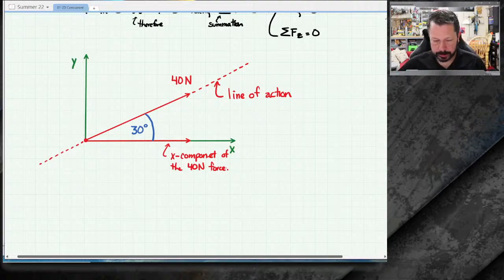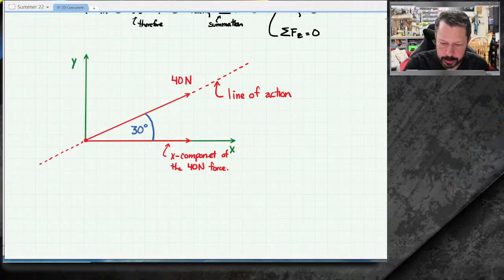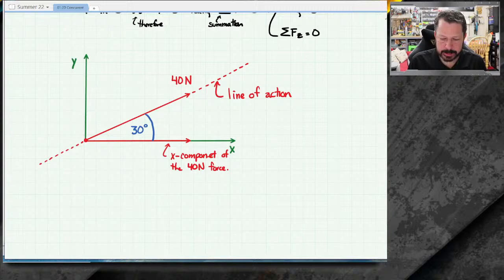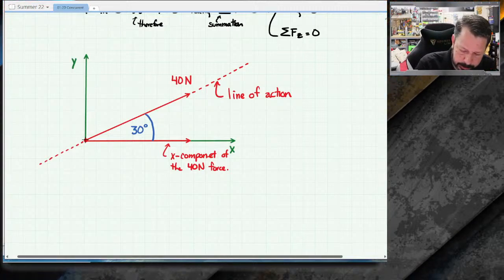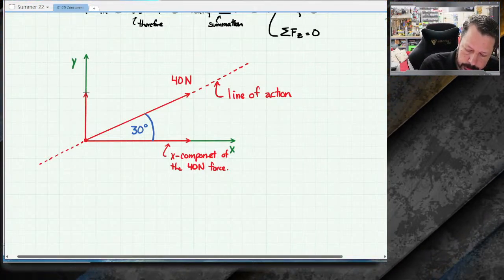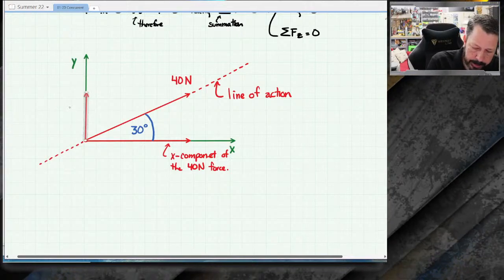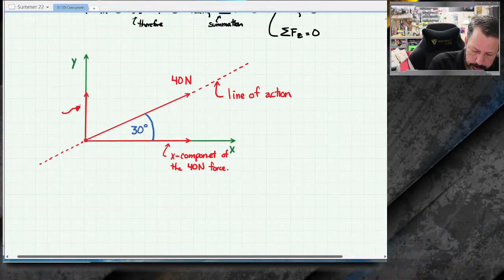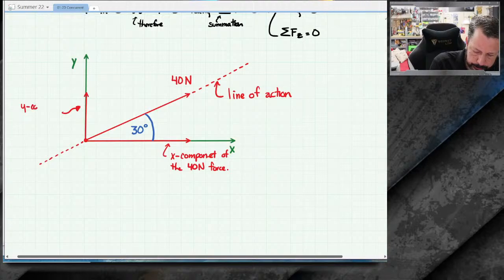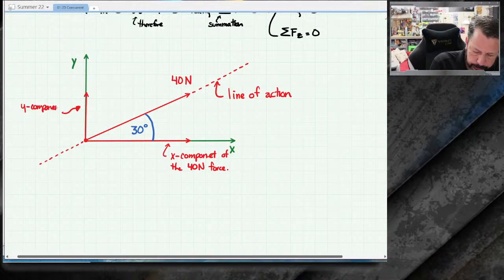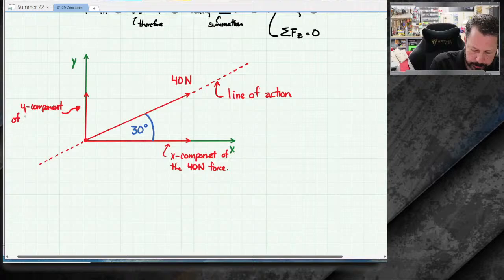Let's draw the y component. So the y component, I'm going to draw it on the y-axis, but I'm going to draw it twice actually. So it's over here. So that one is the y component of the 40 Newton force.